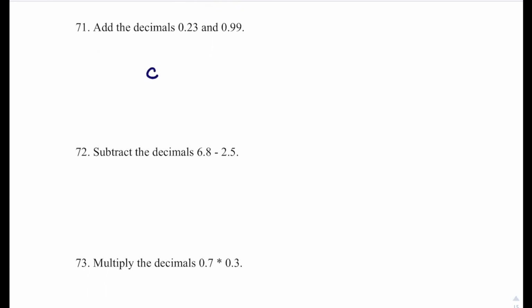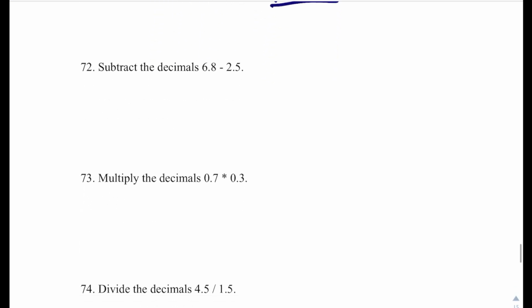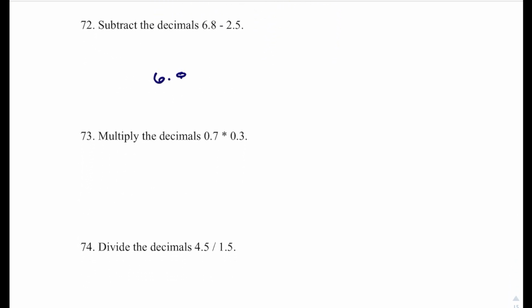Add the decimals 0.23 plus 0.99. Again, you have a calculator, so just plug them in and you get 1.22. Subtract the decimals 6.8 minus 2.5. Again, you have a calculator, so just plug it in and you will get 4.3.